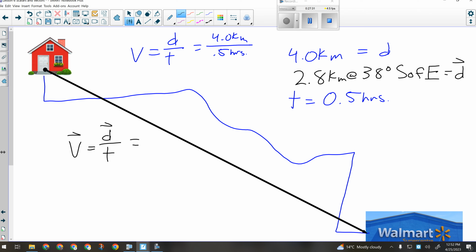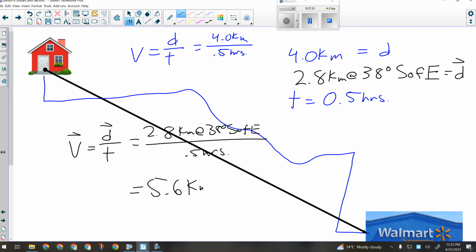I just have to plug in my numbers. So I'm going to have 2.8 kilometers at 38 degrees south of east divided by 0.5 hours. When I do that, I should get 5.6 kilometers per hour at 38 degrees south of east. Why did the direction stay?